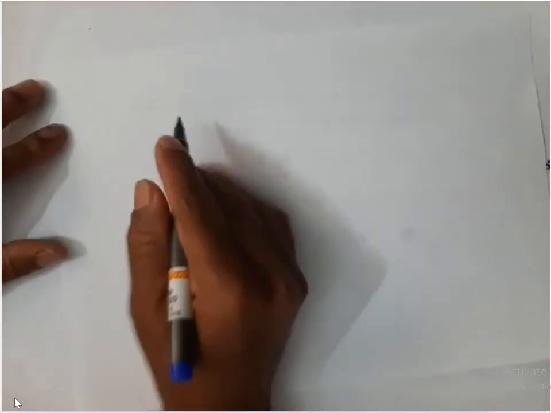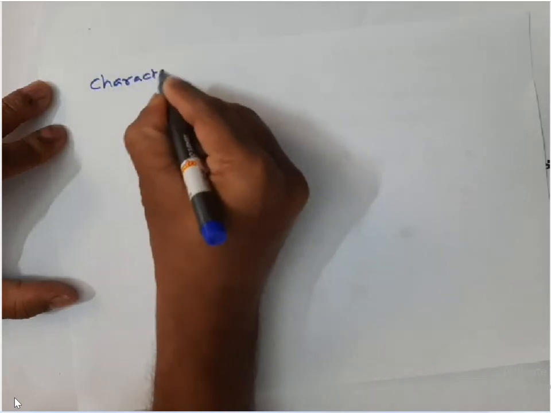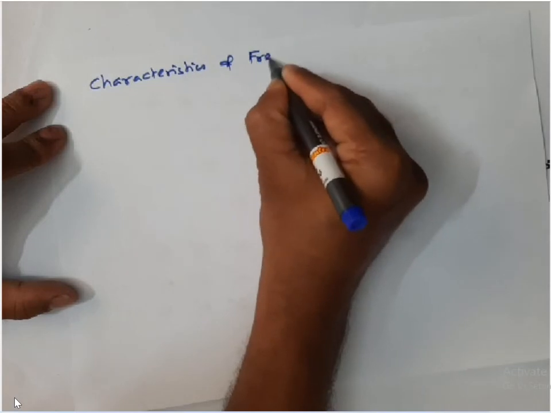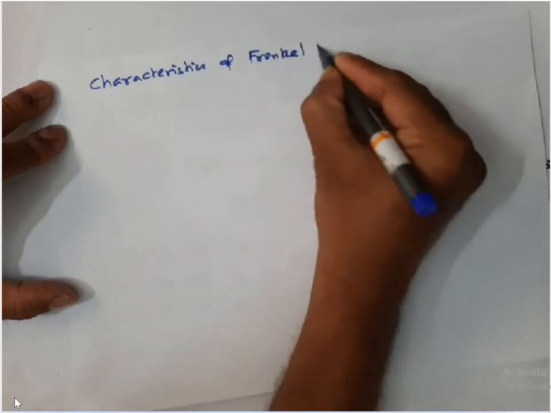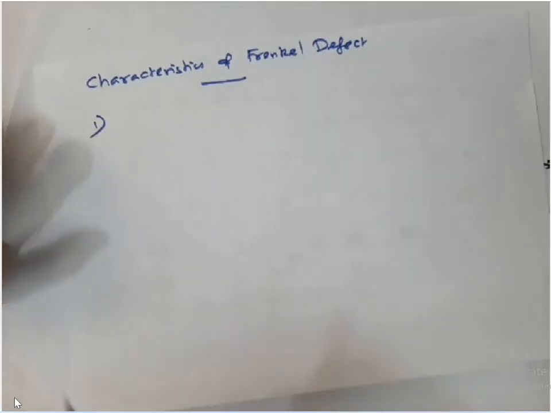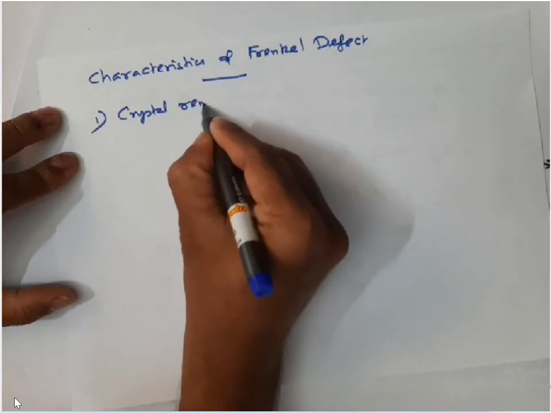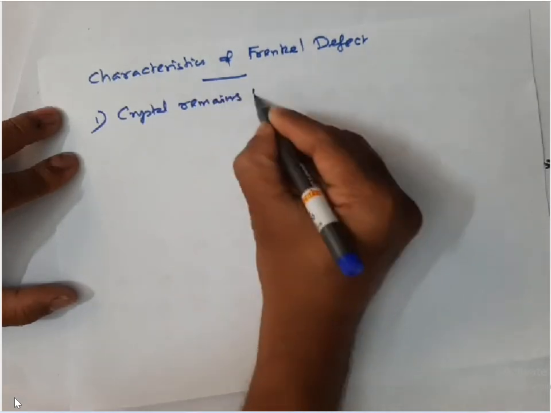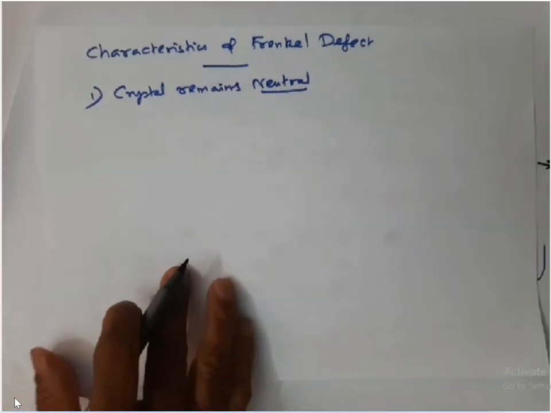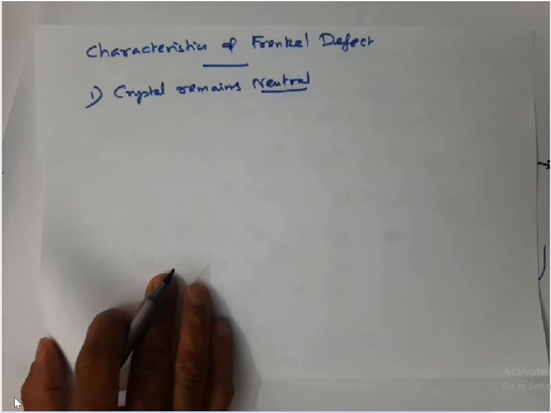What are the characteristics of Frontal defect? Number 1: the crystal remains neutral. Does the crystal remain neutral, students, or is it getting any positive or negative charge?